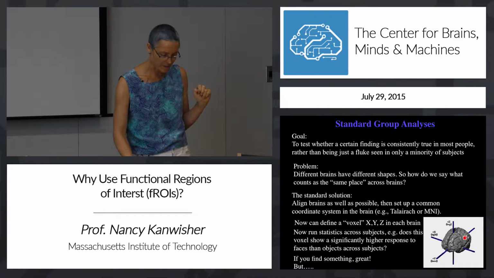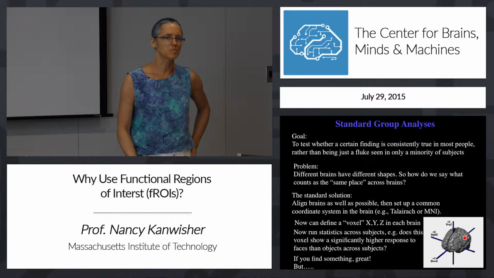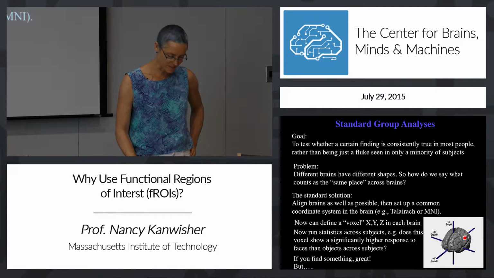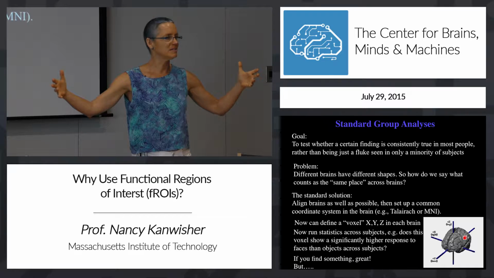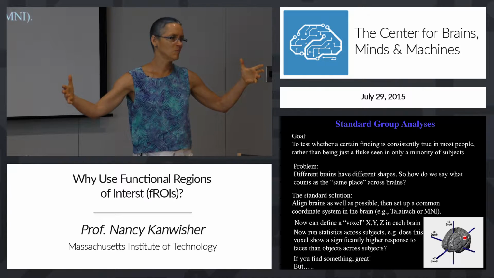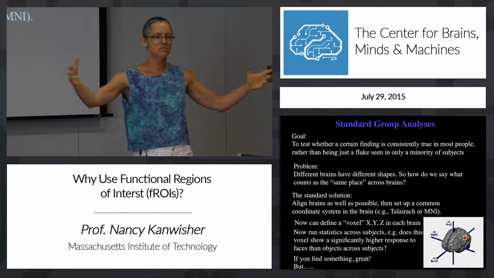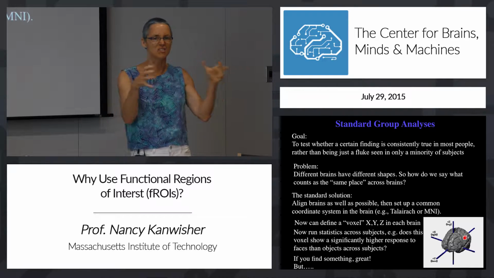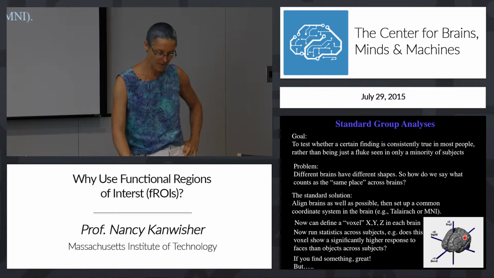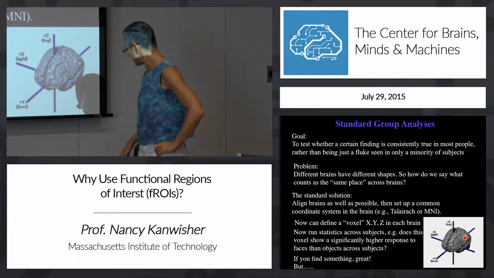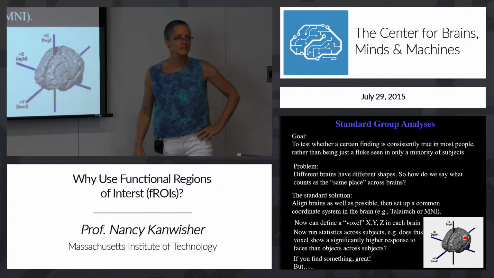So the standard solution to this problem is to just forge ahead undaunted, take a bunch of different brains, and align them as best you can with a whole set of complicated algorithms that I will just skip over. You can stretch them and twist them on a number of axes and try to get them aligned as best you can. And then set up a coordinate system in that space.